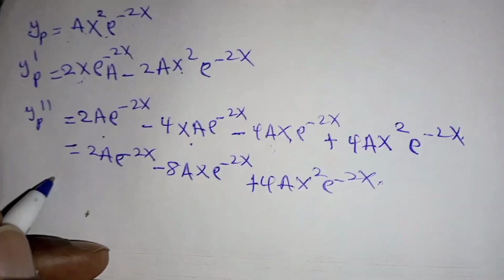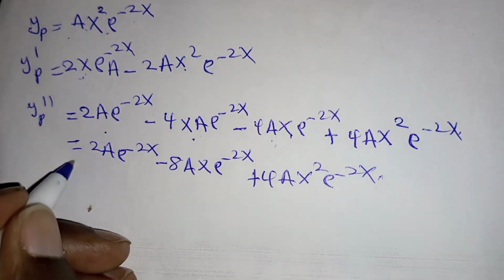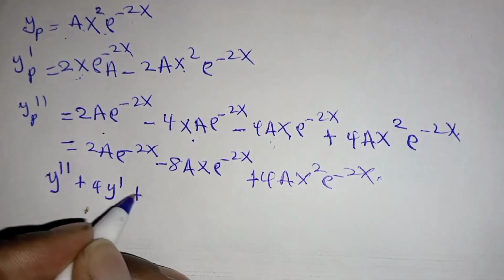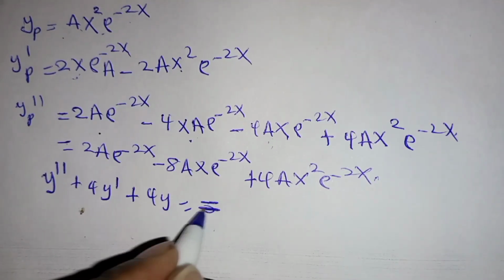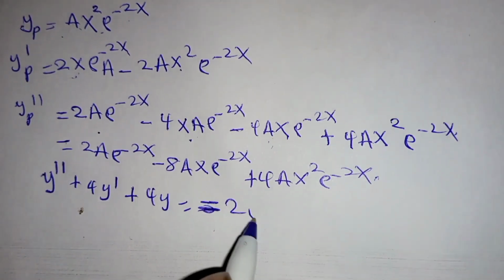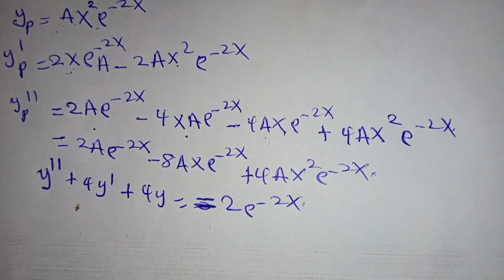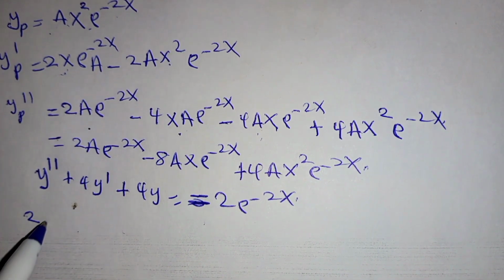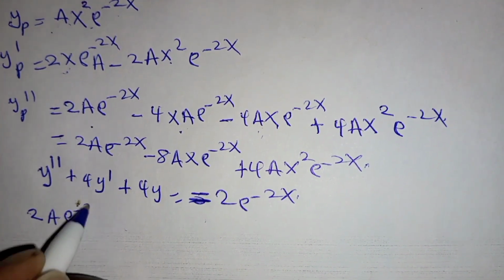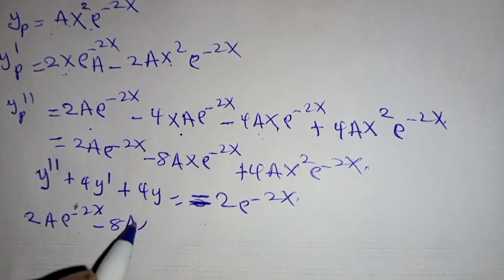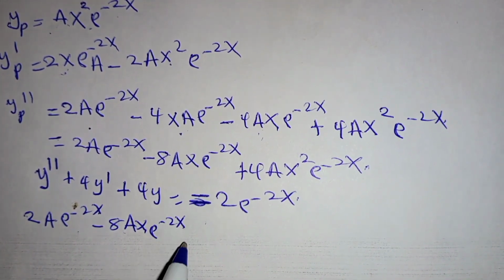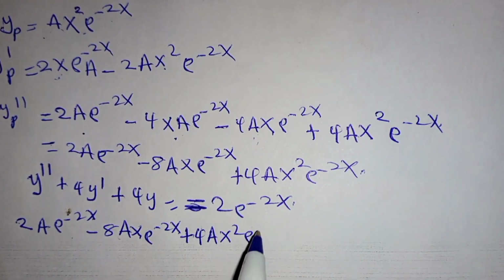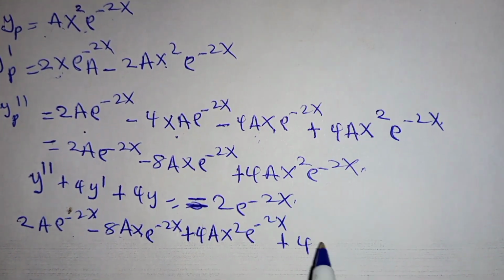Then we are going to substitute this into our given ODE. The ODE was y double prime plus 4y prime plus 4y is equal to, on the other side, 2 exponential negative 2x. So you substitute all these values there. For y double prime, it is 2a exponential negative 2x minus 8ax exponential negative 2x plus 4ax squared exponential negative 2x, plus 4 into bracket.